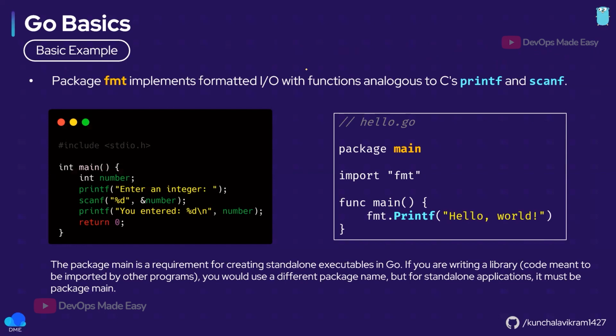But in the case of Go and other compiled languages like C, they also require other libraries. If you take the case of C, we are including a header file that belongs to the standard input output library, which is called stdio.h. You can take this stdio.h like a library or a package.